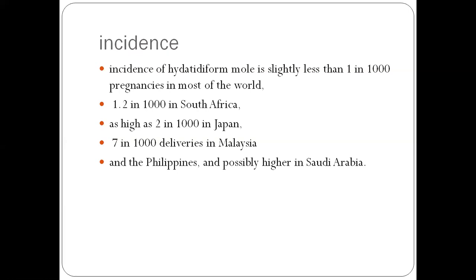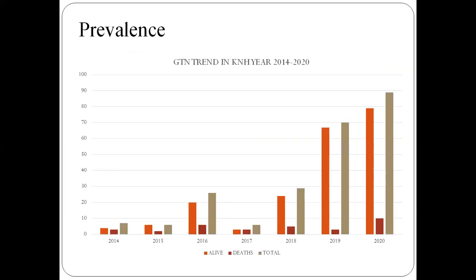Countries of Southeast Asia can be higher, for example in Japan, about 2 in every 1,000, or even higher in places like Malaysia and Indonesia, where you can have 7 in every 1,000 deliveries or pregnancies being molar pregnancies.